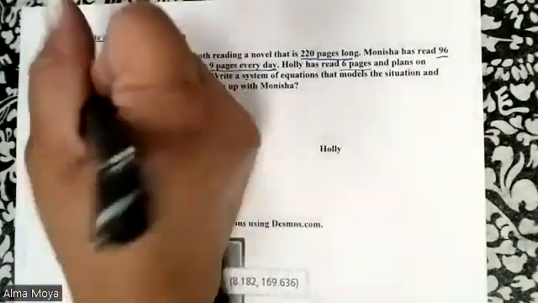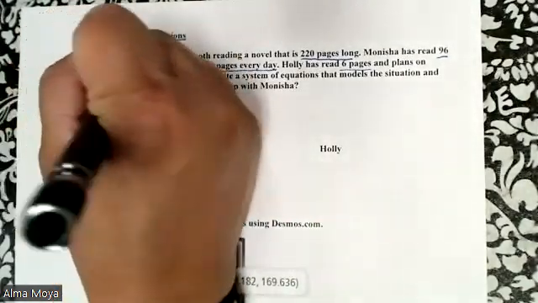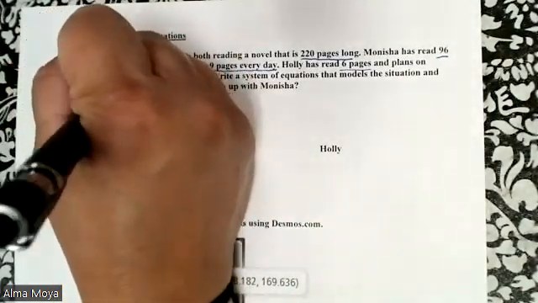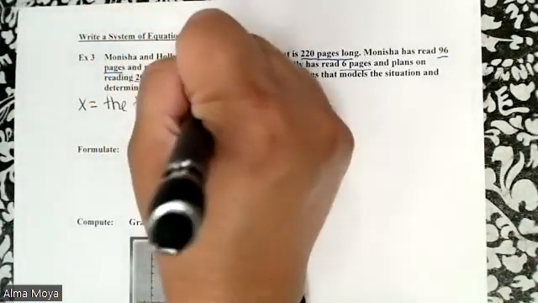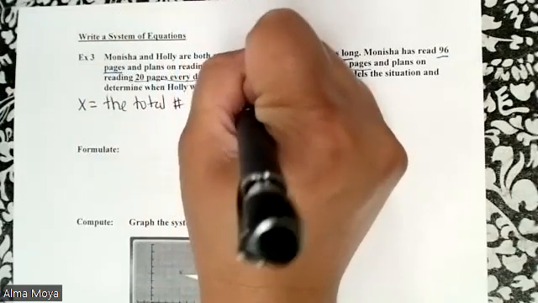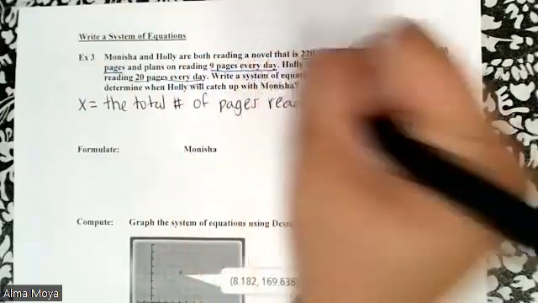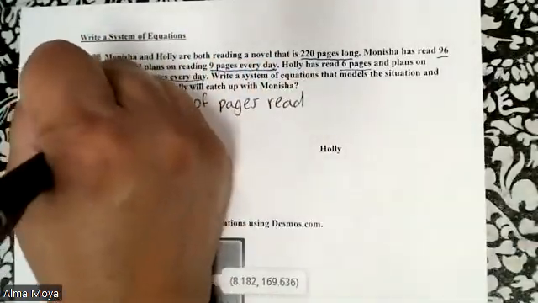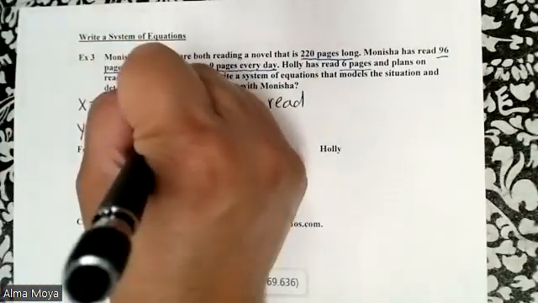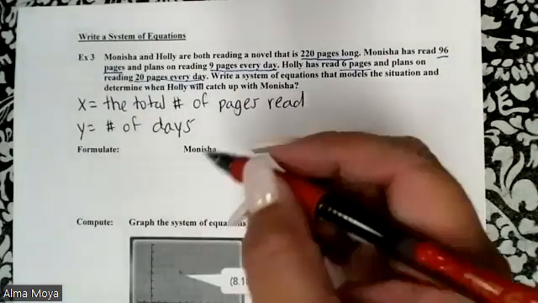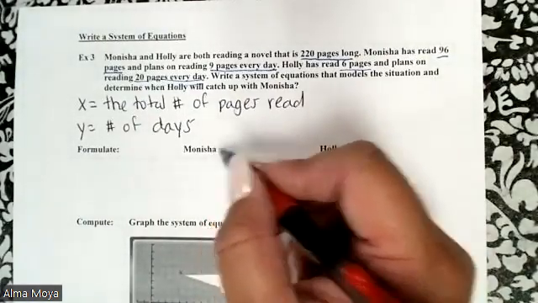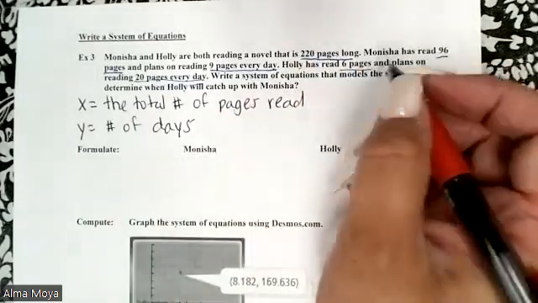So right here, I'm going to let X equal the total number of pages read. And I'm going to let Y equal the number of days. So on this one, when I do Manisha, I'll do her in red. It's going to be her total number of days.